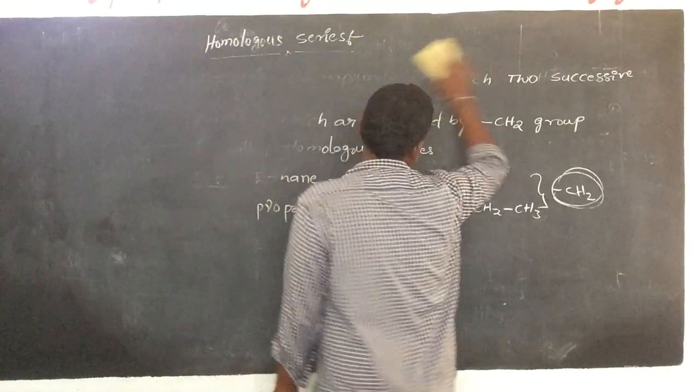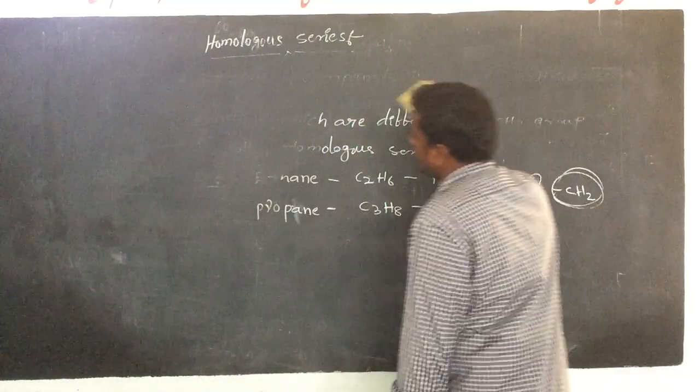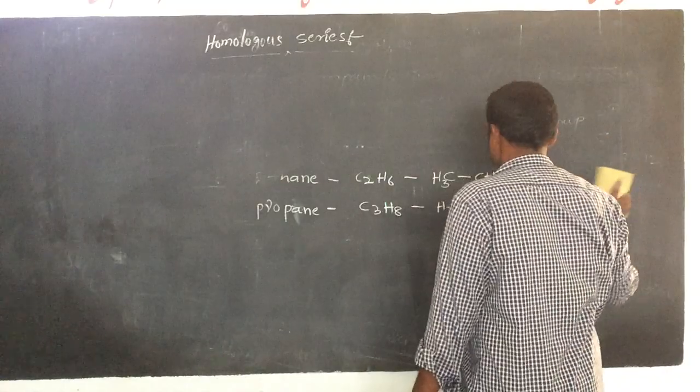Homologous series of alkanes. What is the general formula of alkane?